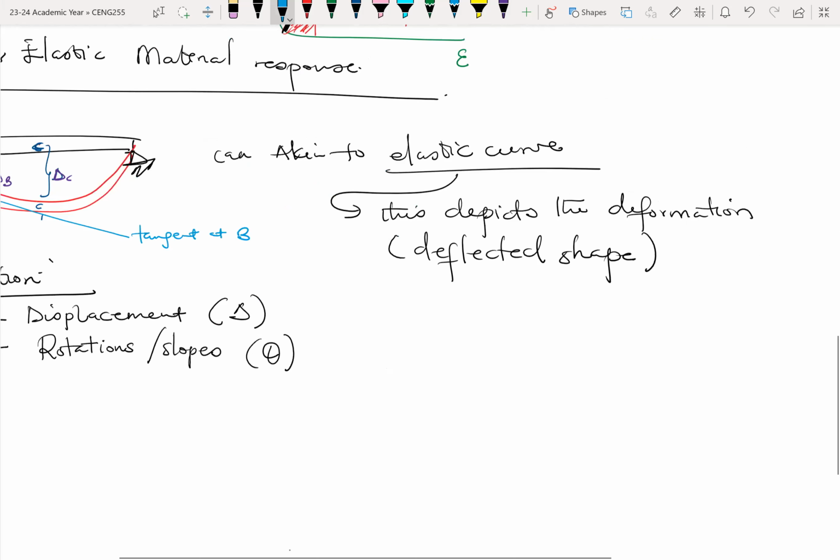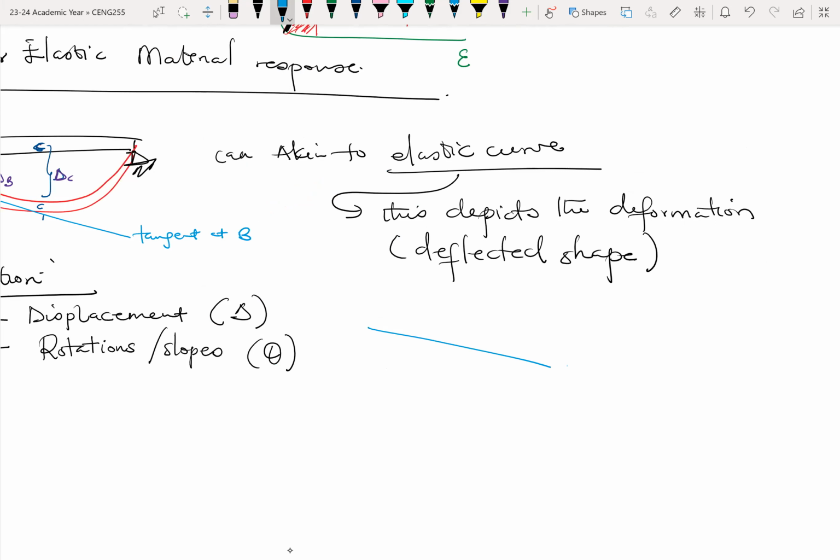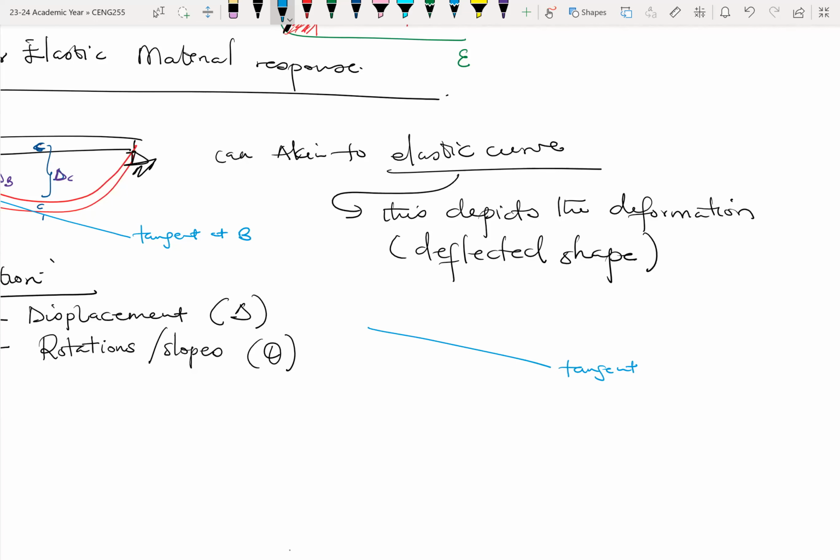So in effect, if I draw the same tangent here just to expand on it, so this is tangent B. Sometimes the screen acts up, and it's one of those. Okay, so it's back. So this is tangent B, and here is point B. Okay, so the angle it makes with the horizontal, this angle here, is called theta B, and that's the slope.